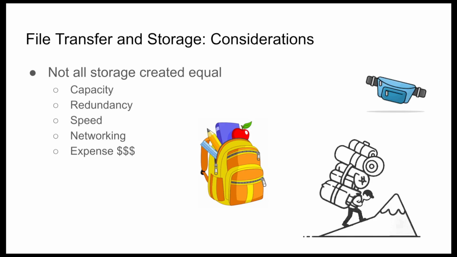Because not all storage is created equal, whether due to management choices, or the file system, which is the organizational structure used to access information on a storage location, or the hardware that storage is on. Different storage locations can have differences in terms of capacity, redundancy, so whether something's backed up at a given location if something goes wrong, speed, how quickly resources can read from and write to that location, networking, so how that storage location is connected to other infrastructure, and expense.